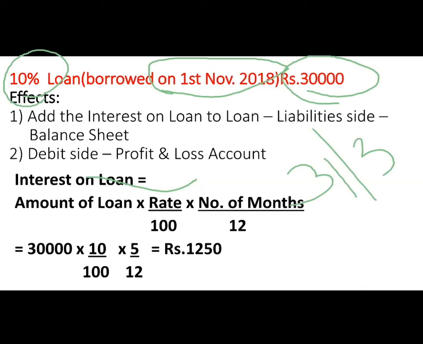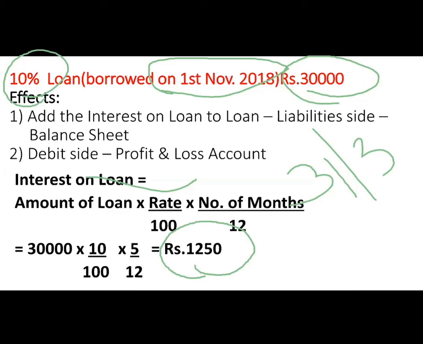So from November till 31st March, how many months are there? It is November, December, January, February and March. It is 5 months. So 30,000 with 10% for 5 months, then I will get the amount of interest on loan that I have to pay, which is rupees 1250.